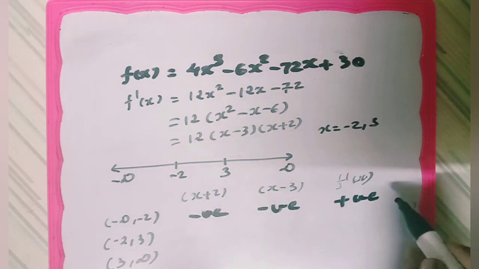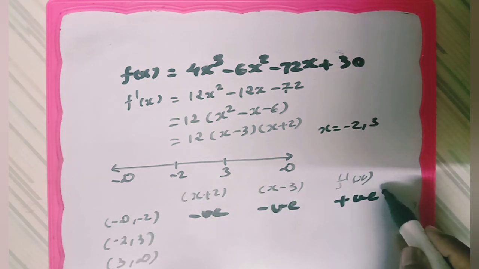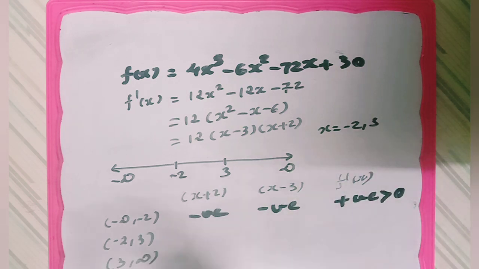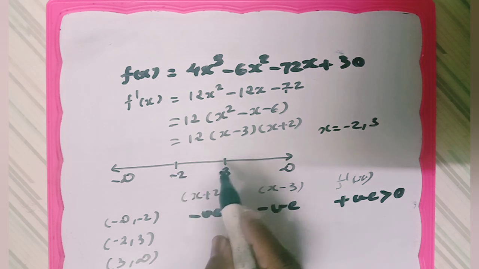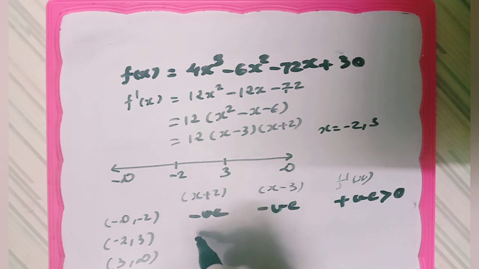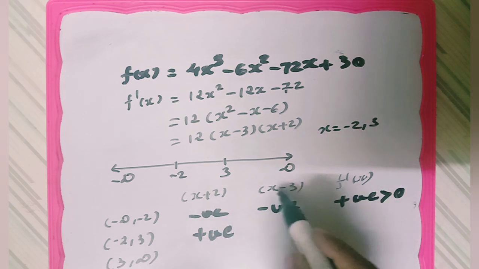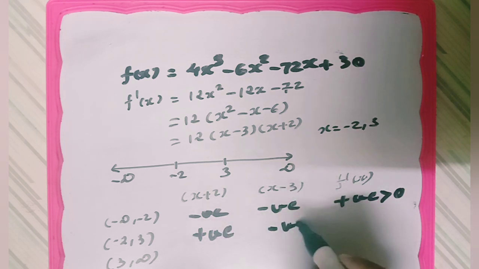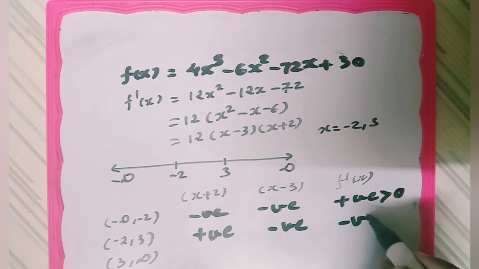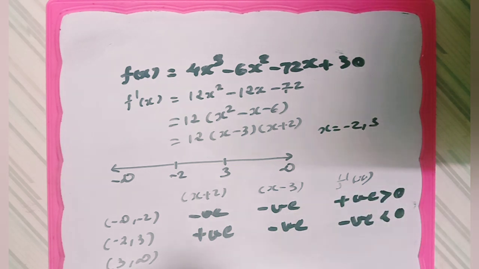So in minus infinity to -2, f'(x) is greater than 0, and so it is an increasing function. In -2 to 3, taking -1, -1 + 2 is positive but -1 - 3 is negative, so finally it is negative, and so between -2 and 3 it is a decreasing function.